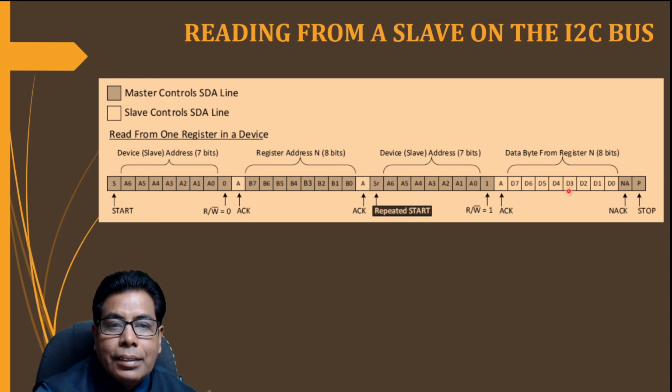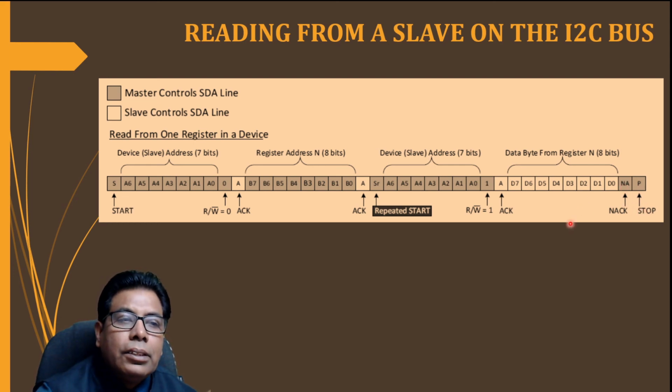Then after this byte D7 to D0 is received, the master will give the NACK, not acknowledge. So that is given so that the slave will stop the operation of sending the data, and then it will give the stop condition.